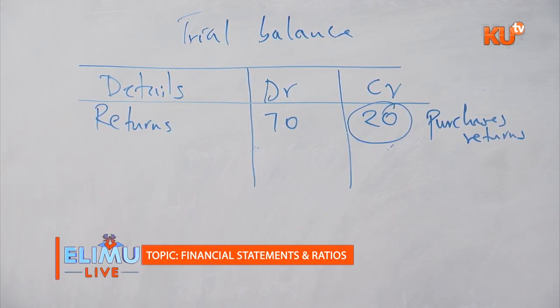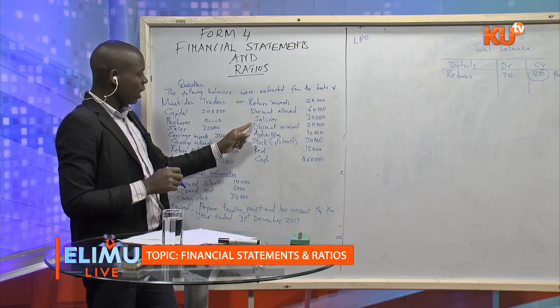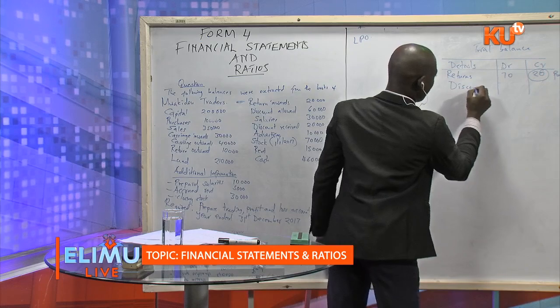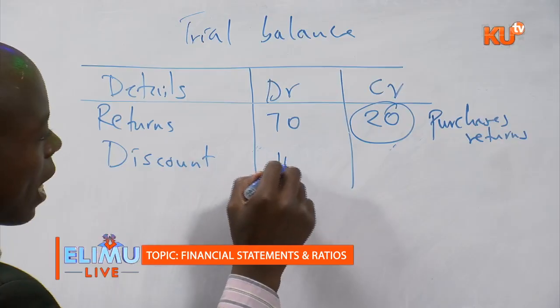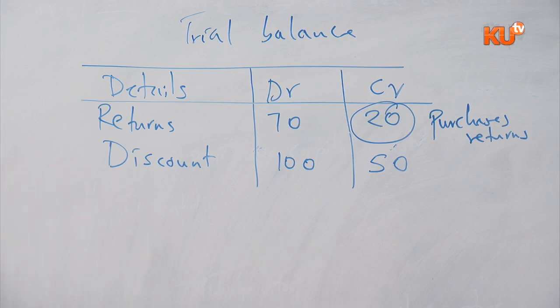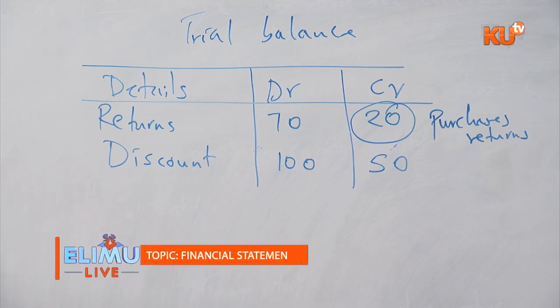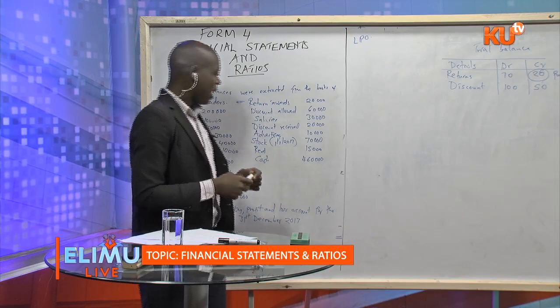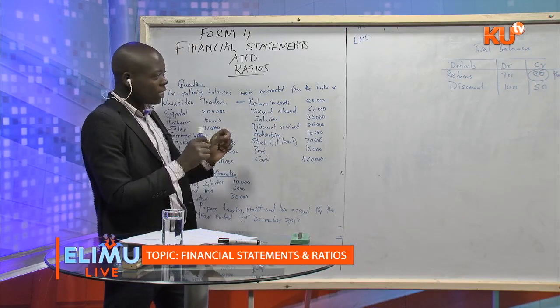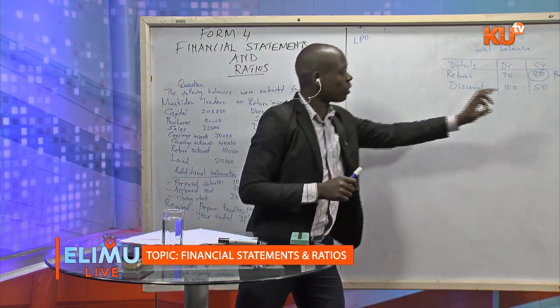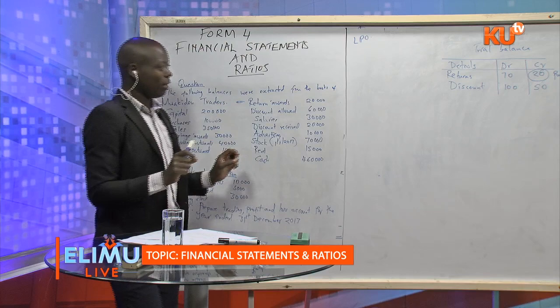Number two, you also need to identify discounts. We write discount and indicate here 100 and here 50. Then you have to ask yourself, which discount are we talking about? We have two discounts, discount allowed and discount received. How do you distinguish which one is on the DR and which on the CR? It's very simple.